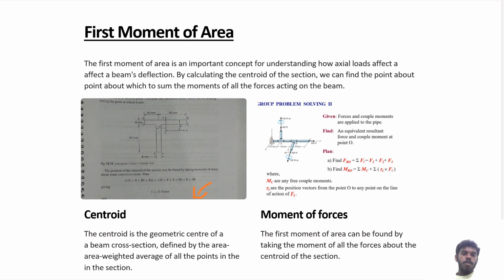The centroid is the geometric center of a beam cross-section, defined as the area weighted average of all the points in the section. Moment of force. The first moment of area can be found by taking the moment of all the forces about the centroid of the section.